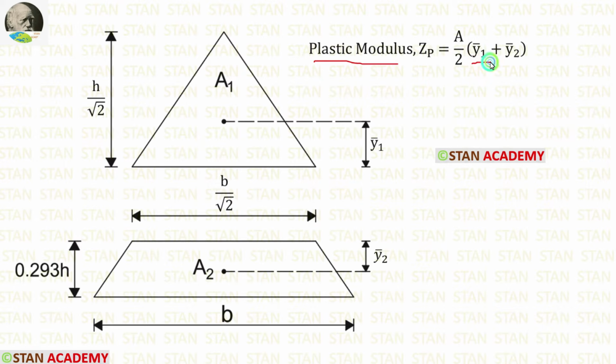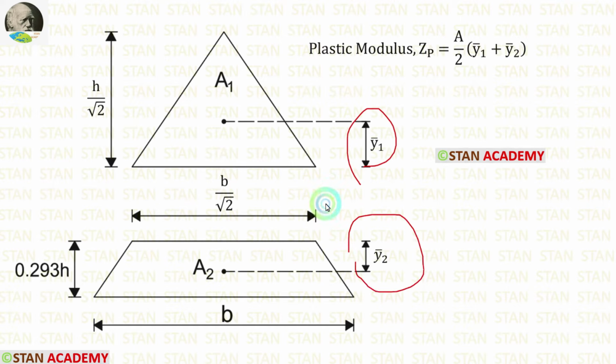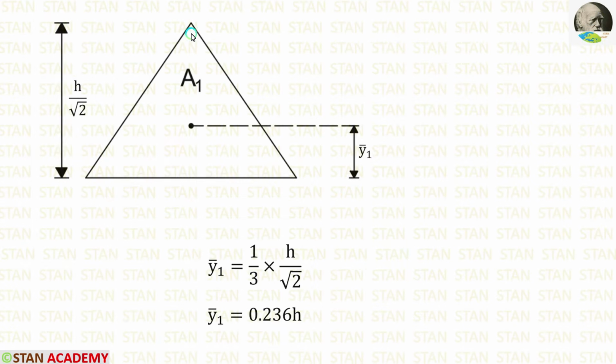Now we can easily calculate y1 bar and y2 bar. y1 bar and y2 bar should be calculated from the equal area axis. First, let us calculate y1 bar. In a triangle, the distance between the centroid to the apex is 2 by 3 into height, and the distance between the centroid to the base is 1 by 3 into height.